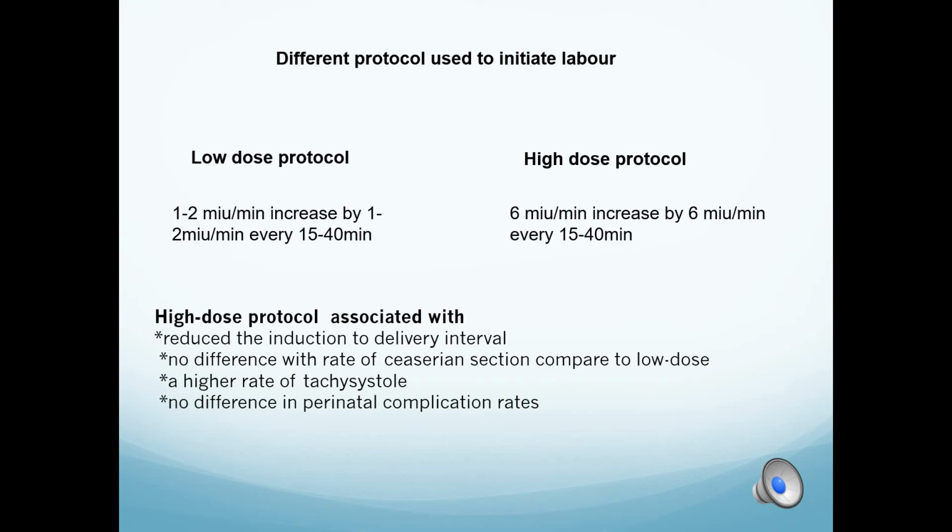Usually we increase every 15 to 30 minutes in primigravida and every 30 to 40 minutes in multigravida, depending on the evaluation of the fetus and the contractility of the uterus.